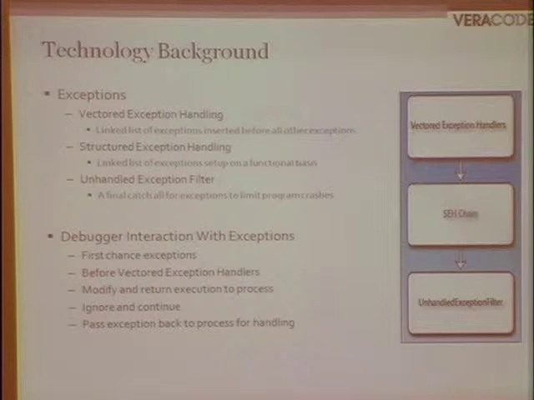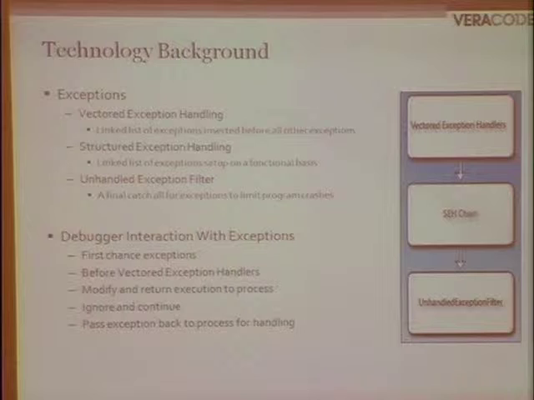So let's run down the exception types within the Windows operating system. I actually stole this graphic. I have it referenced later where it's from, but essentially Microsoft uses a chain of exception handlers. Some variances depend on operating system. Vista does it slightly differently than older versions. But in general, you start with a linked list of vectored exception handlers, which is just a linked list of structures that contain pointers to the function that you want to call in the event of an exception.